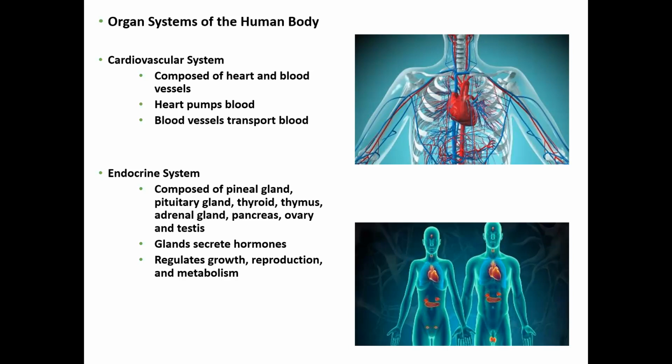If our blood sugar is too low, we release another hormone called glucagon to take sugar out of the liver and put it into our blood so that we still have normal levels of sugar for energy. And of course, the ovaries and testes. The ovaries release estrogen and progesterone, and the testes release testosterone, the female and male sex hormones.